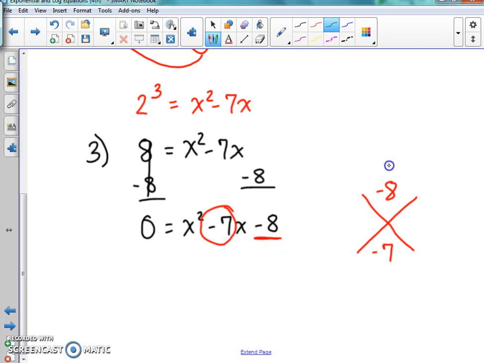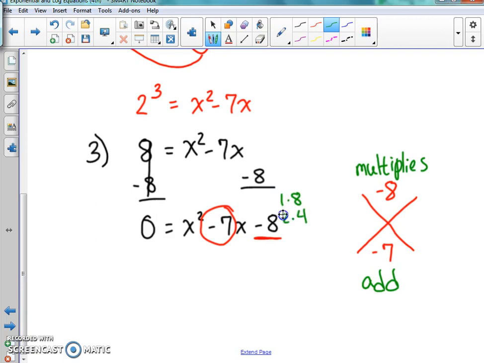And we look at what multiplies together to give you negative 8, but when you add those same two numbers together, it gives you negative 7. What multiplies to give you negative 8, but adds to give you negative 7? So looking at our numbers for 8, we know 1 times 8, we know 2 times 4, and that's pretty much it.